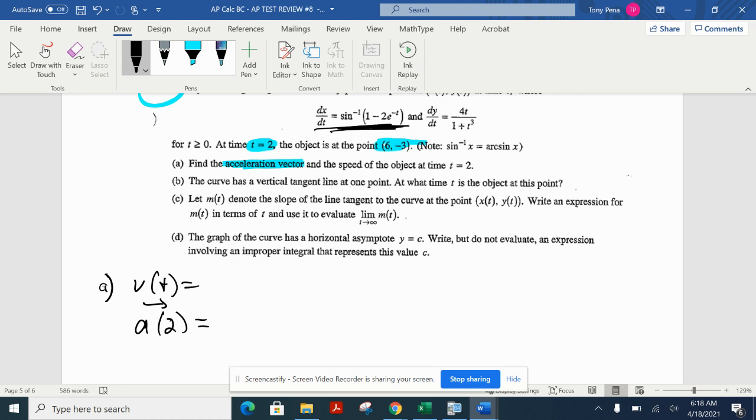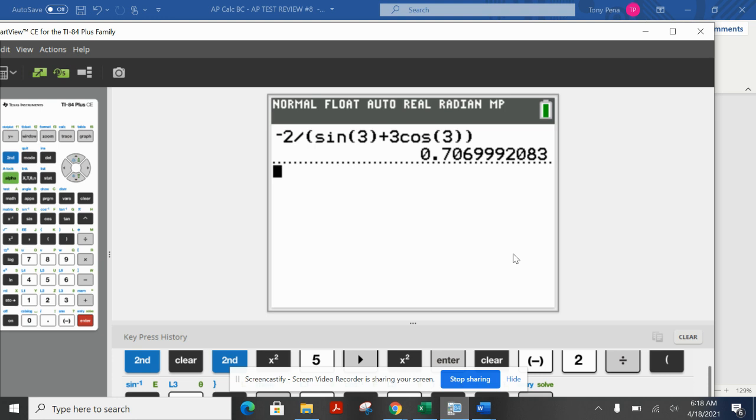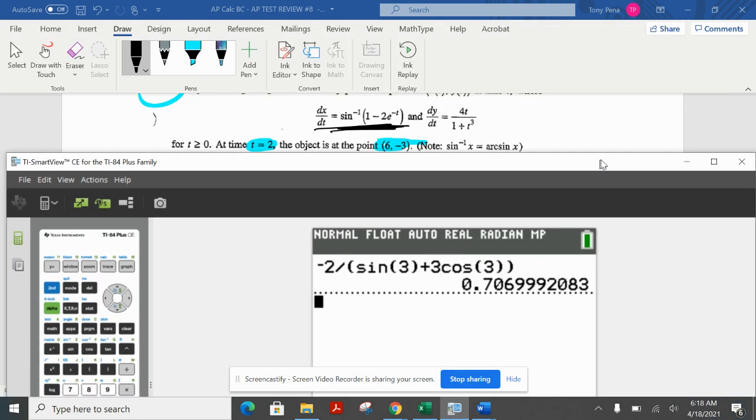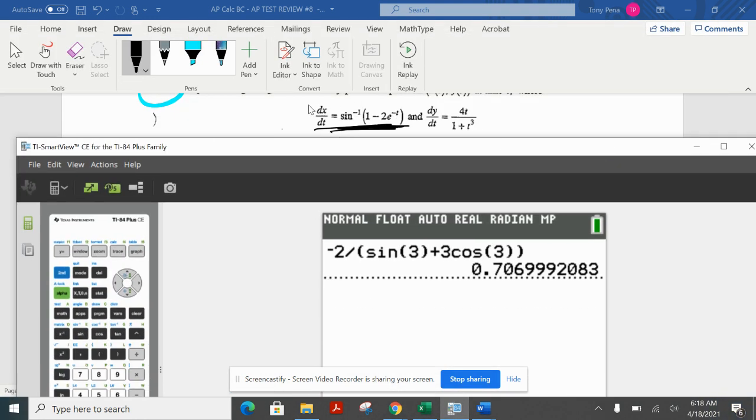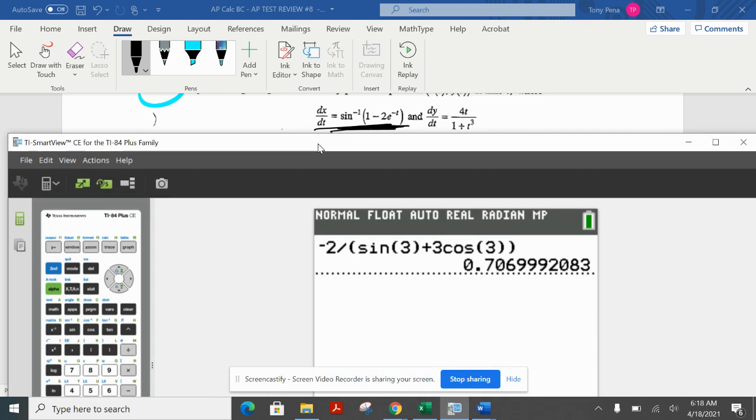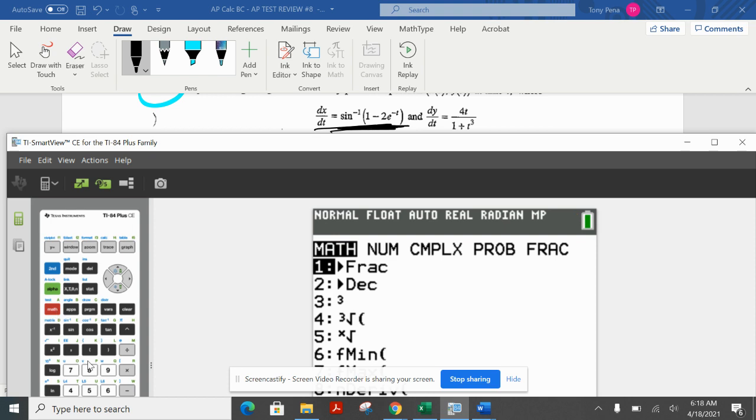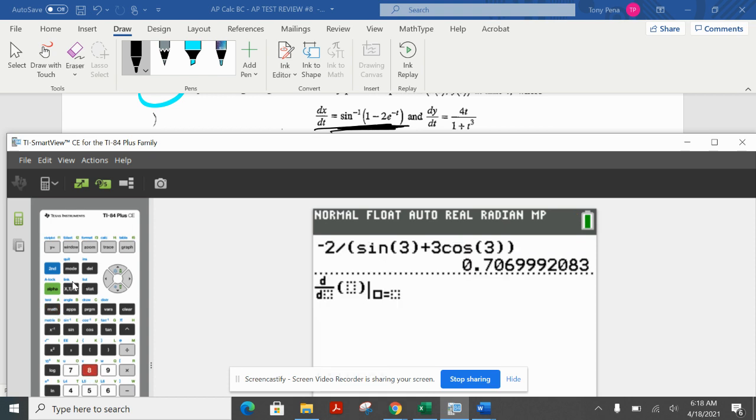So when we go to do this one, let me try to jump to the calculator. We want the derivative of this at the time of, let me just make sure, of 2. So this is our whole Math 8. We're going to find the derivative of this function here.